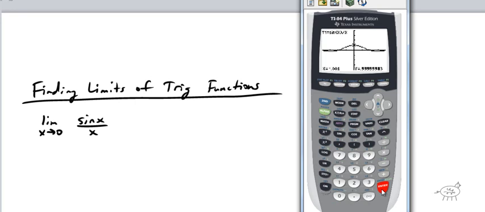Now, there's a special theorem out there called the sandwich theorem or the squeeze theorem, depending on if you want to give somebody a hug or if you're hungry. You can come up with functions on both sides of sine of x over x that have the same limit, and you can sandwich and find the value.